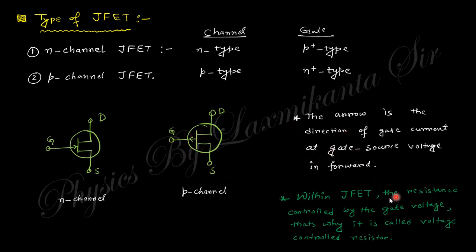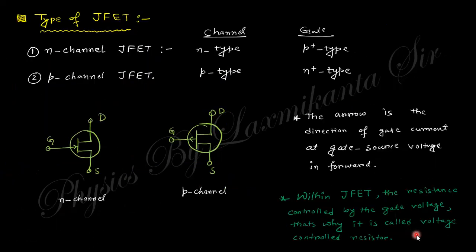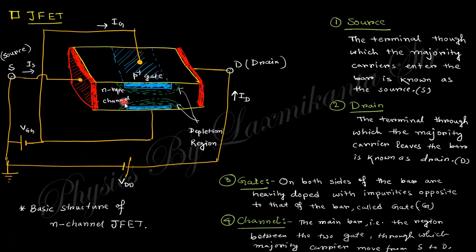Within a JFET, the resistance is controlled by the gate voltage. Here you can see the depletion region's resistance will be increased. So that's why the input resistance is large, and this is a voltage-controlled resistor, because you can control the resistance of this path.